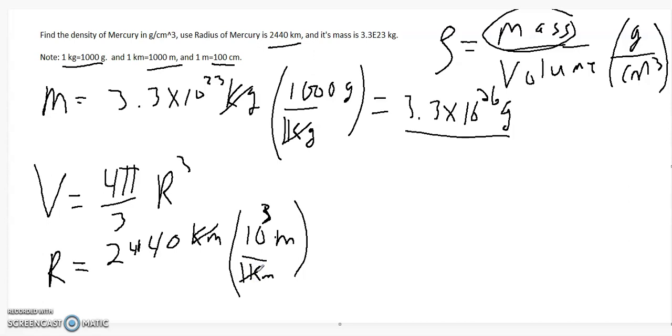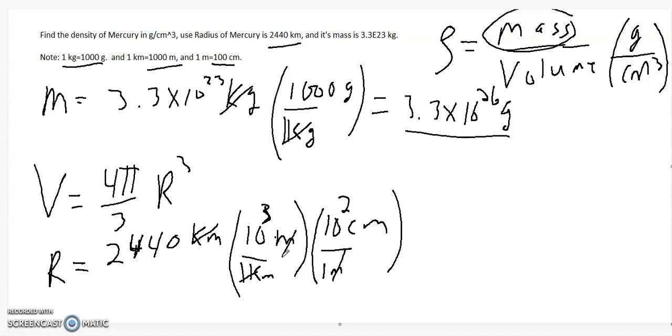So 2,440 times 10 to the third is now in meters. But let's go even further and do another conversion. We know that in 1 meter, there are 100 centimeters, which can also be written as 10 to the second. And so the meters cancel. 10 to the third times 10 to the second, you just simply add the exponents, like we did with the mass.